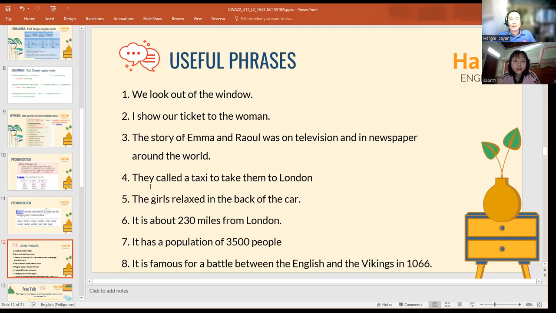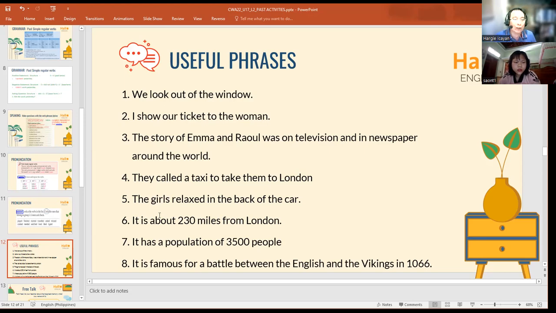Yeah, like for example, you were going to say, "Oh, would you kindly call a taxi?" And then we have to ask the driver to take us to London, right? So call the taxi.